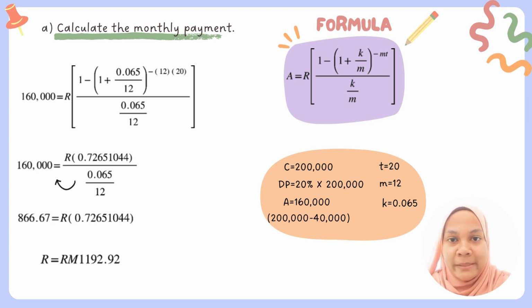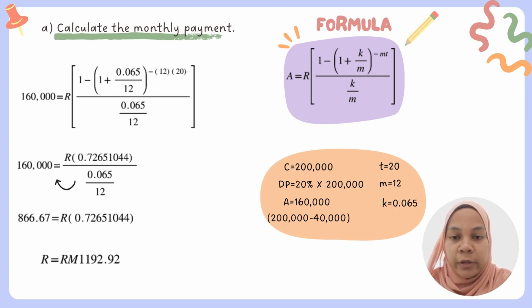1,192.92 for the monthly payment. The formula you guys have to use is A equals R times, in bracket, 1 minus (1 plus K over M) to the power negative M times T, all over K over M. So T equals 20 because Azlan has to repay for 20 years, while M is 12 because monthly.